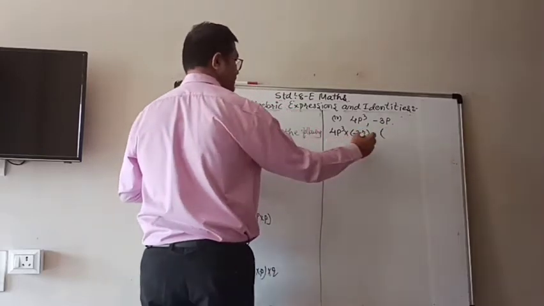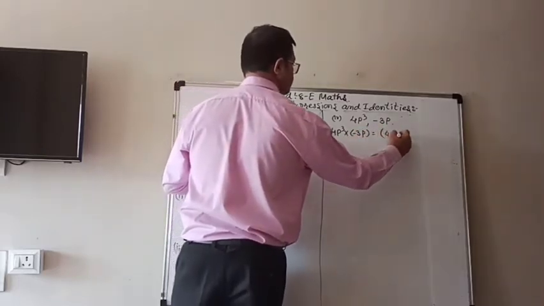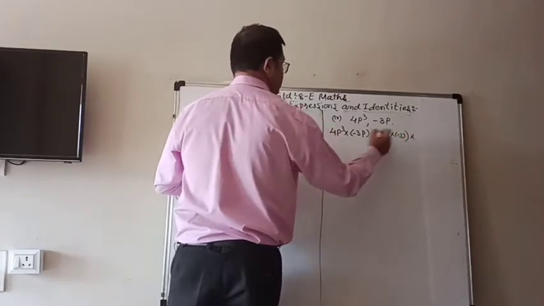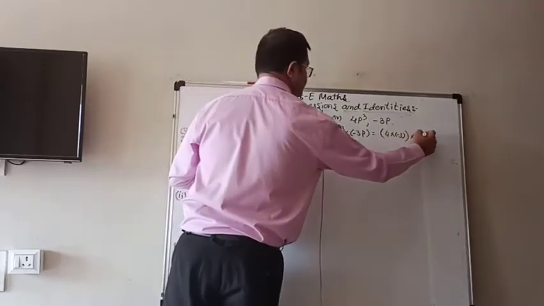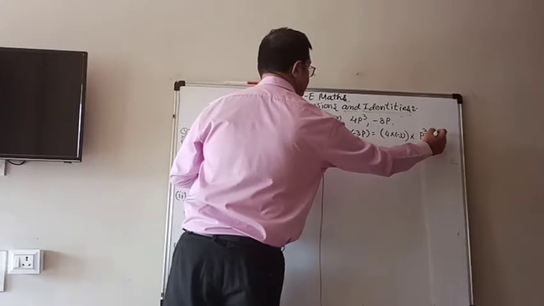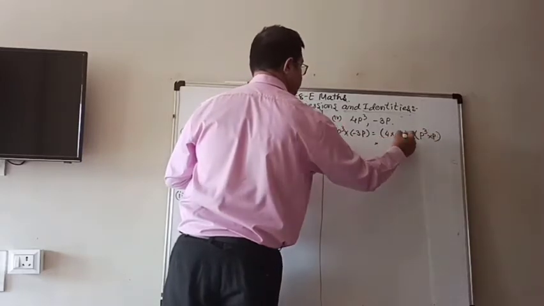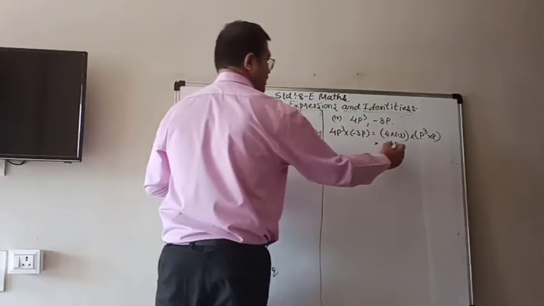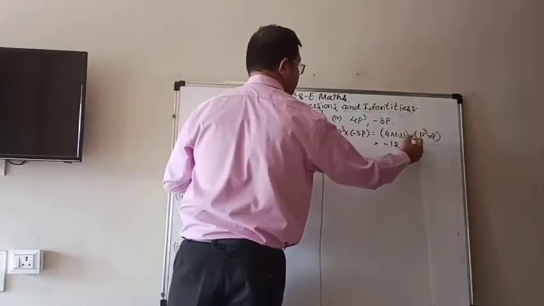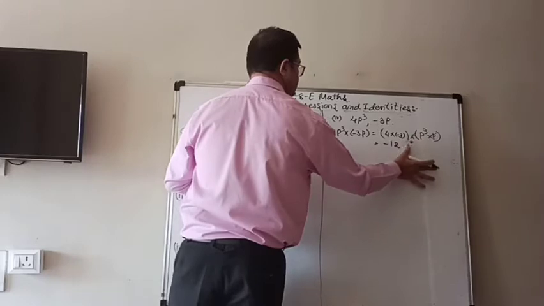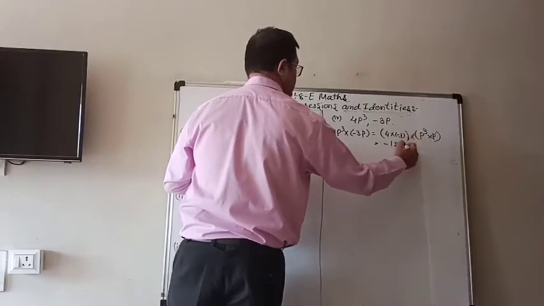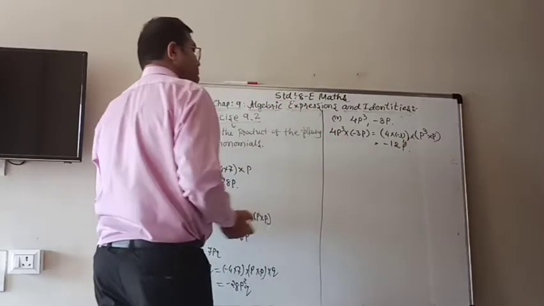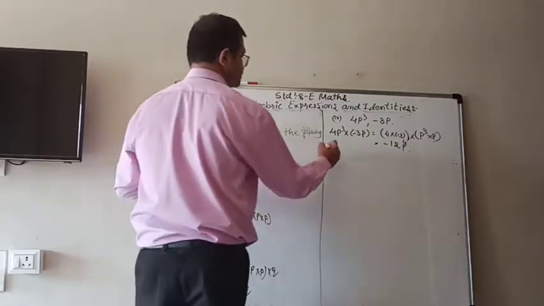So 4 multiplied by minus 3, then p cube into p. So 4 3s are 12, which is minus 12, and p raised to 3 plus 1, that is 4. So your answer is minus 12 p raised to 4.